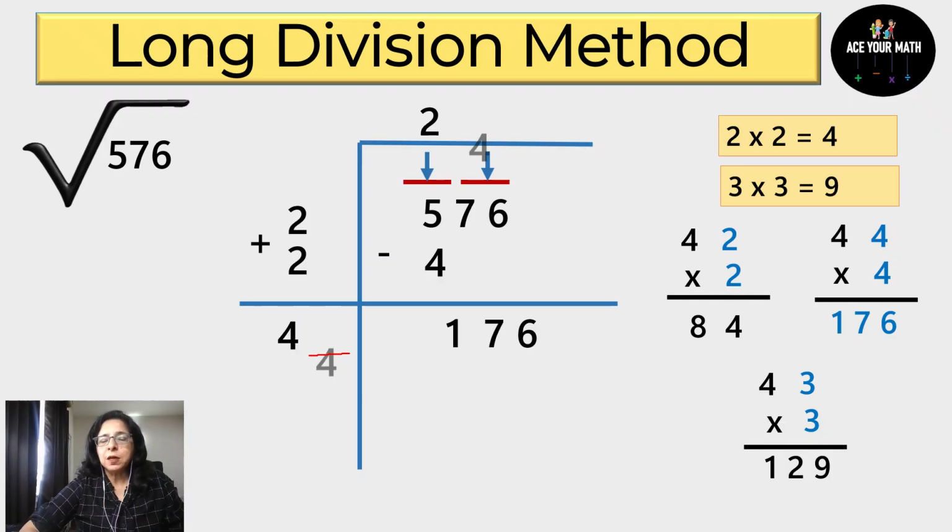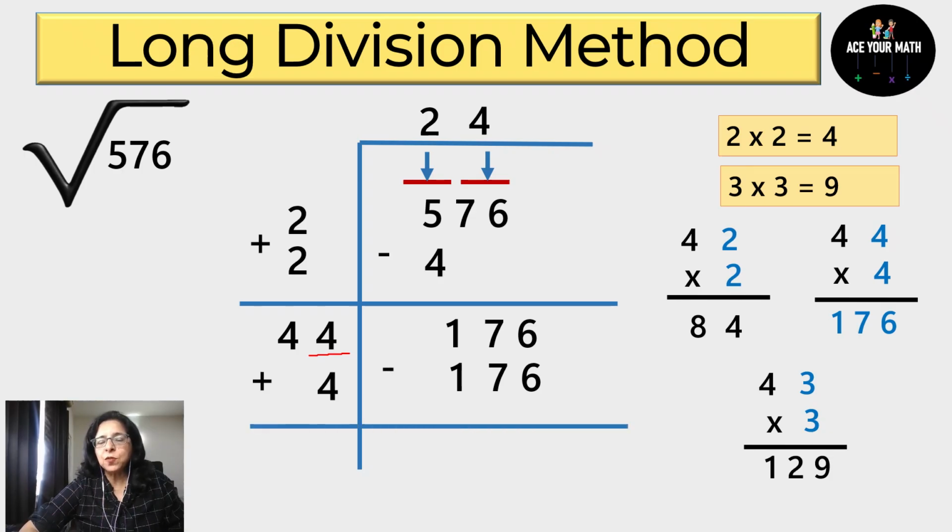So you will write 4 on the left hand side and 4 at the top. 44 fours will give you 176. Now the same 4 you will add on the left hand side and 176 you will subtract from 176. We always do addition on the left hand side and subtraction on the right hand side. When you subtract 176 from 176, this will give you 0.